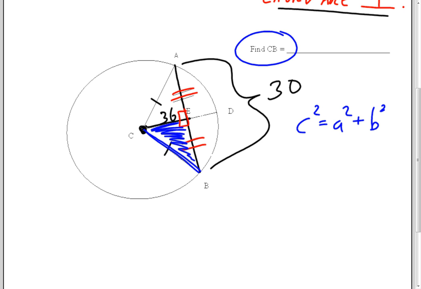We got 30 here for a reason, so that we can break this up into 15 and 15. So I'm doing Pythagorean theorem on that blue triangle. C squared, I've got 15 squared for a leg, 36 squared here for the other leg. 39.